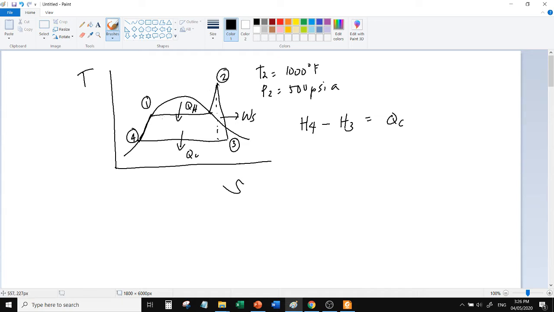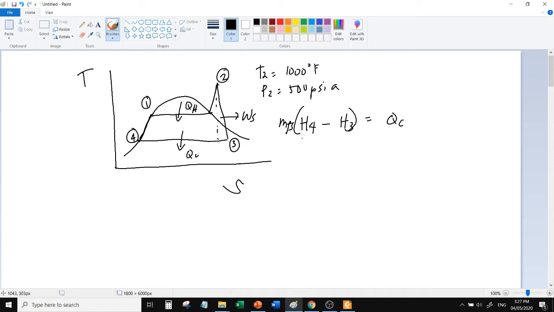This is the boiler part, the QH. The QC is the condenser part. At the same time, we need to multiply that by MFS, the mass flowing stream, so that it is not in terms of mass but in terms of time, a rate. Now, we don't know H4 and H3, so bit by bit we will get the H at each point.